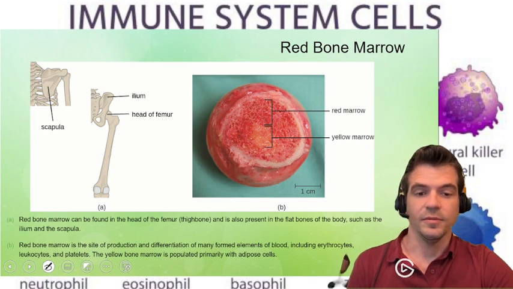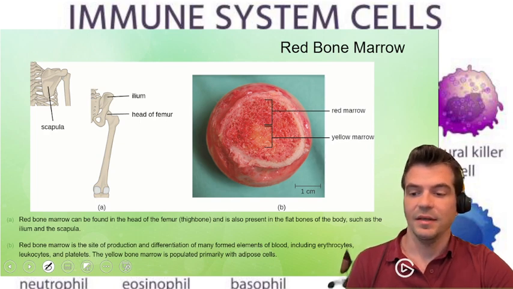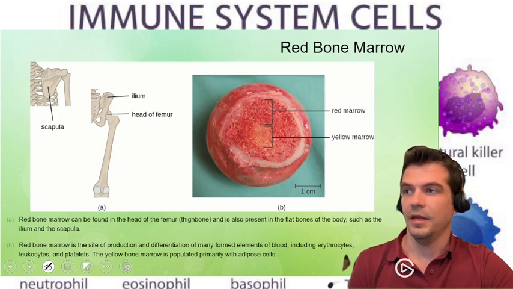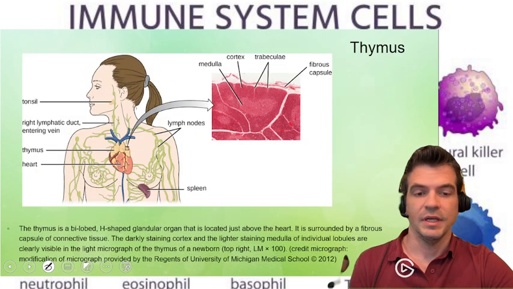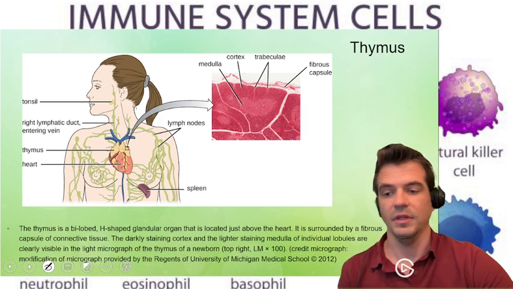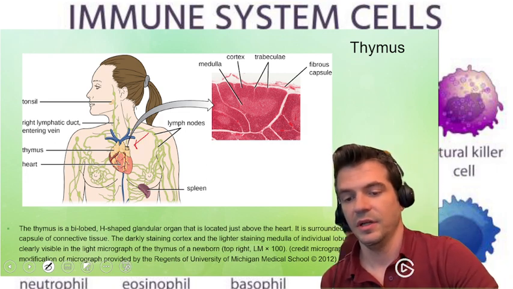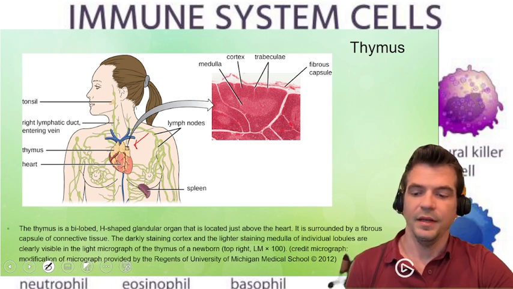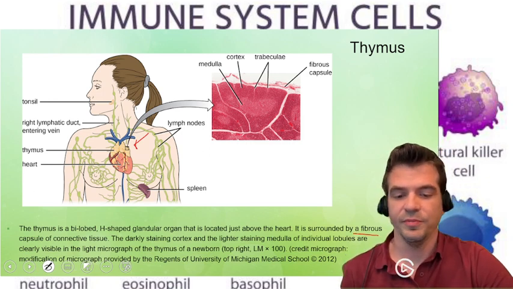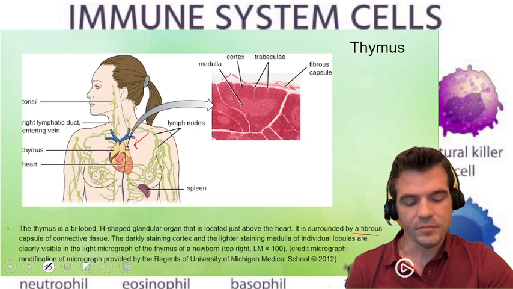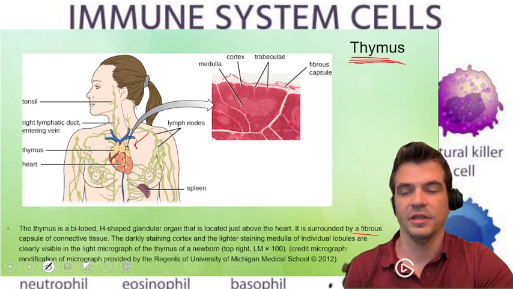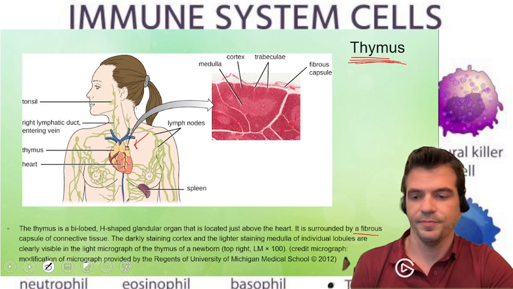They are made in the red bone marrow, and they mature in the thymus. The thymus is an organ that rests upon the heart, and it is surrounded by a bunch of tissue, which makes it kind of hard to see. But this is where the T cells are matured.